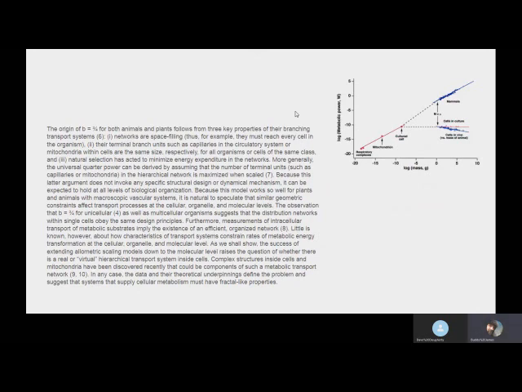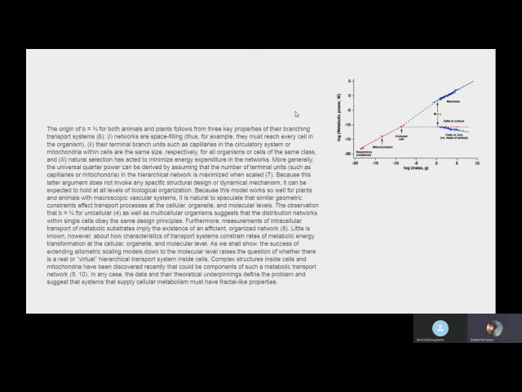The origin of B equals 3/4 for both mammals and plants follows from three key properties of their branching transport systems. One, networks are space-filling. Thus, for example, they must reach every cell in the organism. Two, their terminal branch units, such as capillaries in the circulatory system or mitochondria within the cells, are the same size, invariant, respectively, for all organisms or cells in the same class.